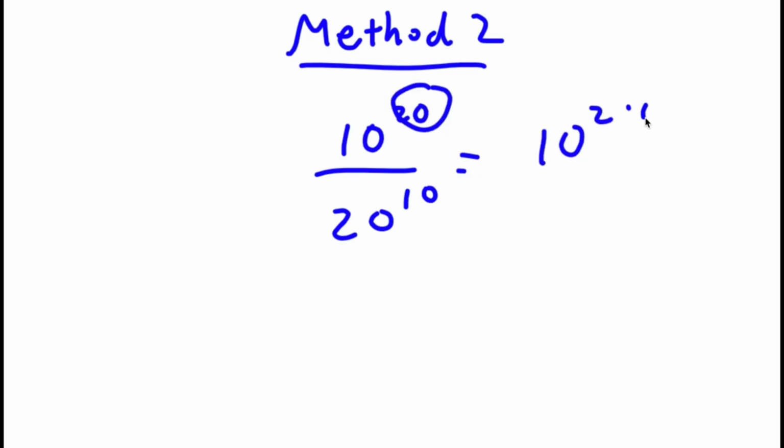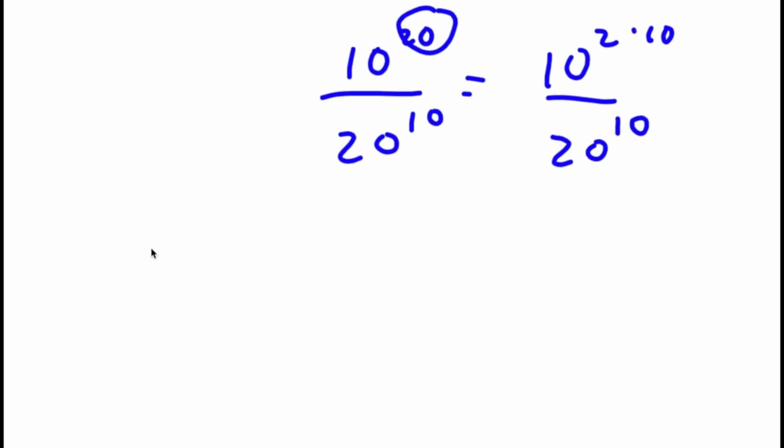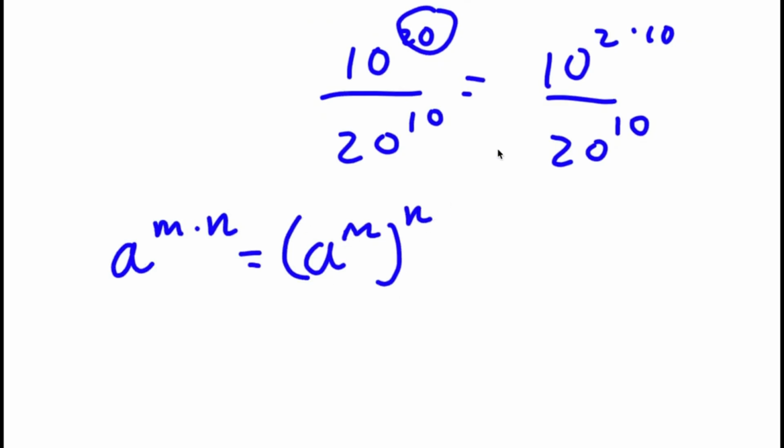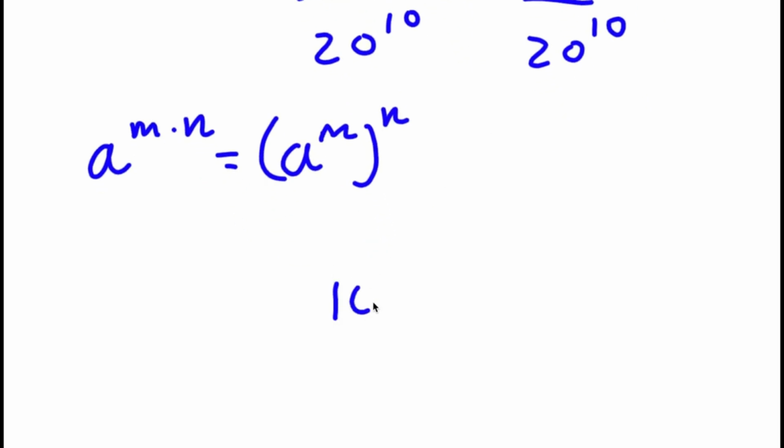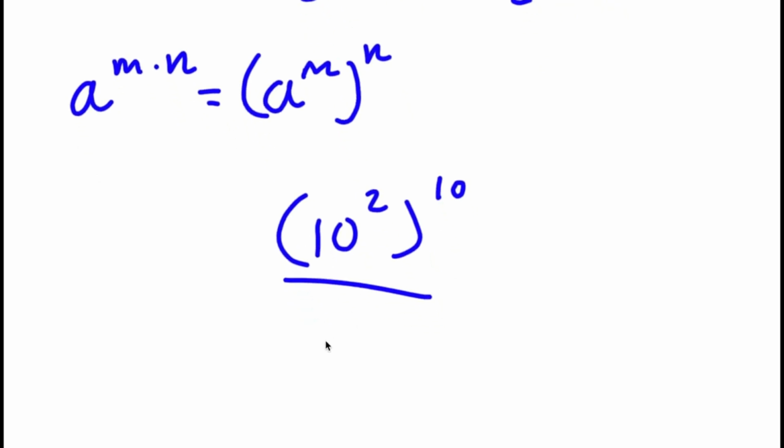So now I have 10 to the power of 2 times 10 over 20 to the power of 10. Now, if I have something in the form a to the power of m times n, this is equal to a to the power of m to the power of n. So 10 to the power of 2 times 10, that's going to equal 10 to the power of 2 to the power of 10. Now I have this over 20 to the power of 10.